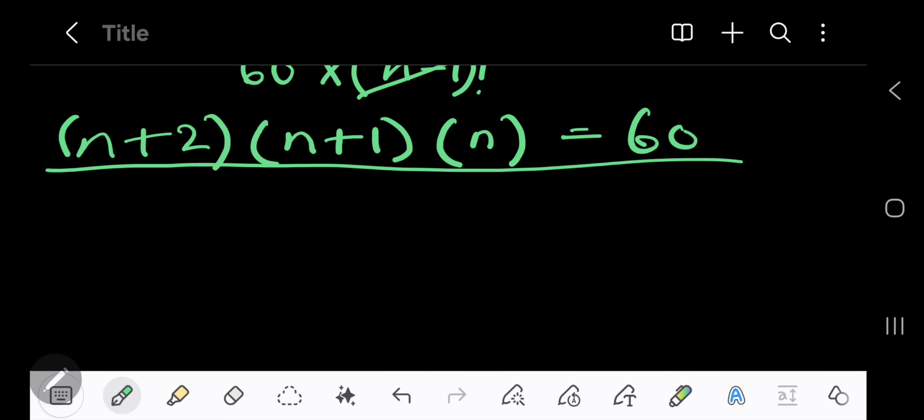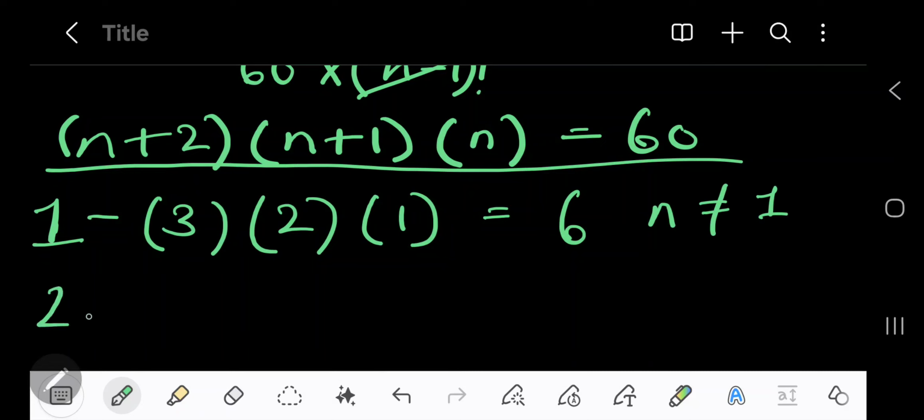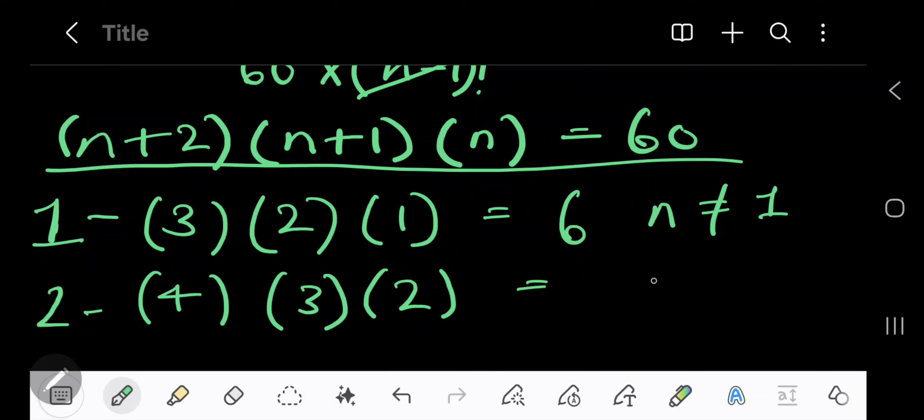What I'm going to use is a trial and error method starting from the number 1. If n was 1, this would be (1+2)=3 times (1+1)=2 times 1, which equals 6. So n is not equal to 1. If n was 2, this would be 4 times 3 times 2, which equals 24. So n is not equal to 2.